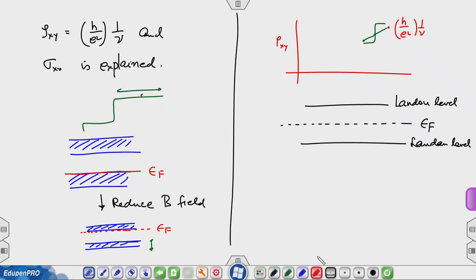So, as you reduce B, the Fermi energy goes up. And if there are these disordered states out here, which would happen if there is impurity in the system or there is disorder in the system, the extra electrons get stuck here.